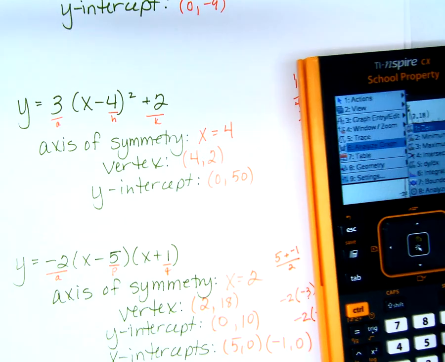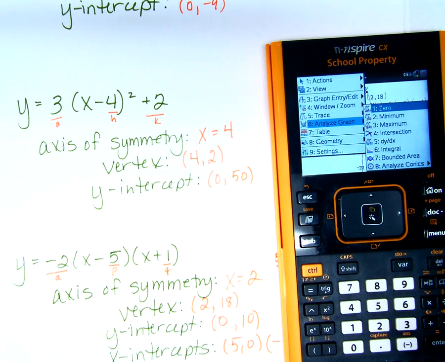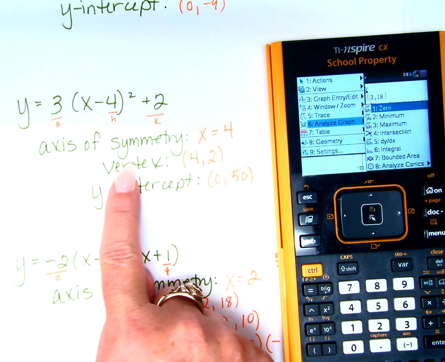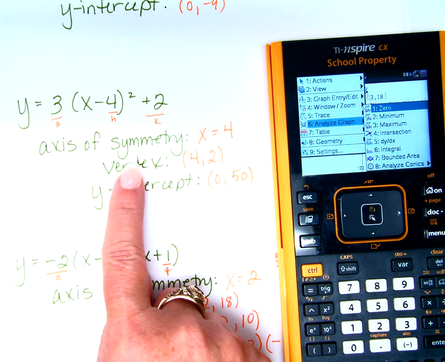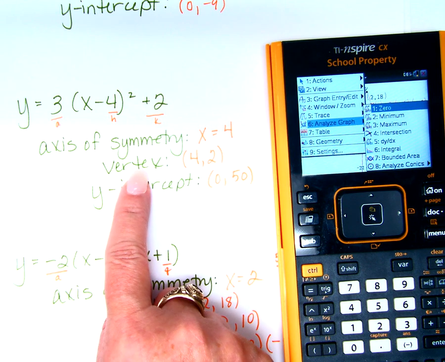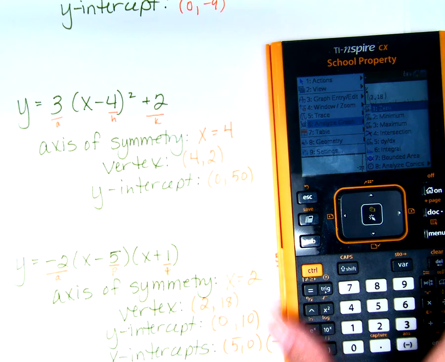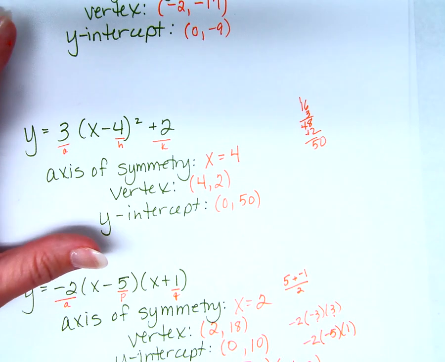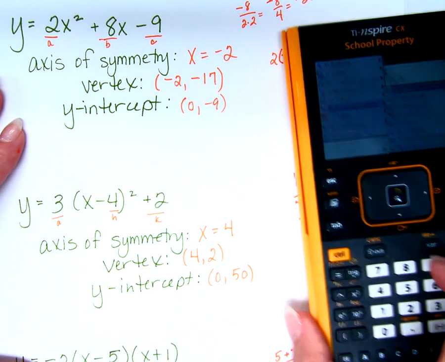Do you think it would take longer or shorter? Well, it depends, right? Is it going to be faster or longer on intercept form? It's going to be way longer, right? Because in intercept form, what do I have to do to find the vertex? Look, right? But on standard form or intercept form, it might be quicker to use your calculator.